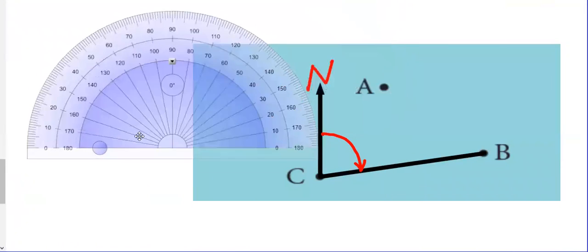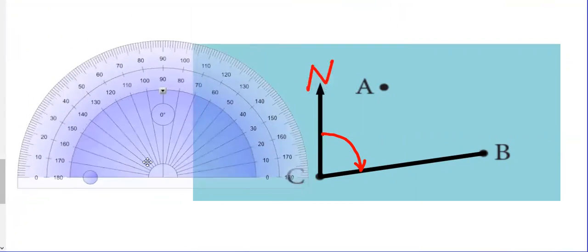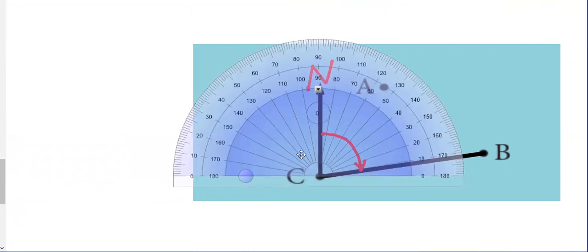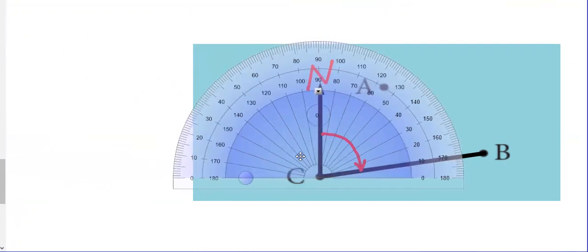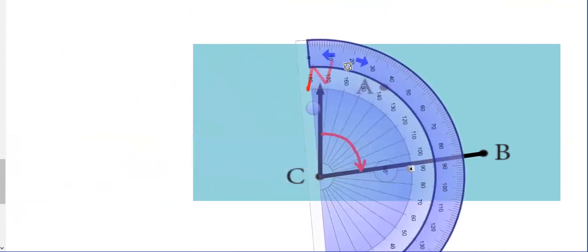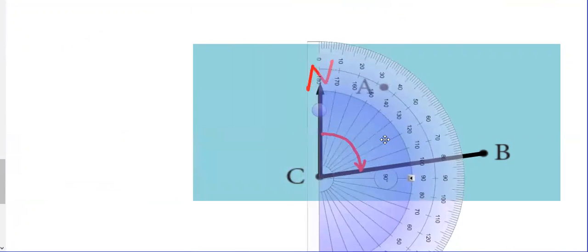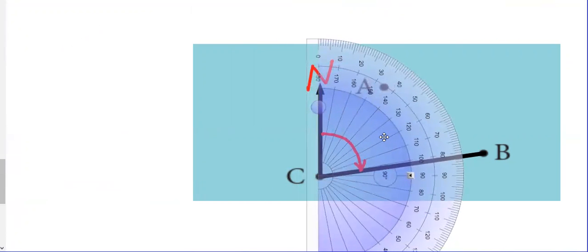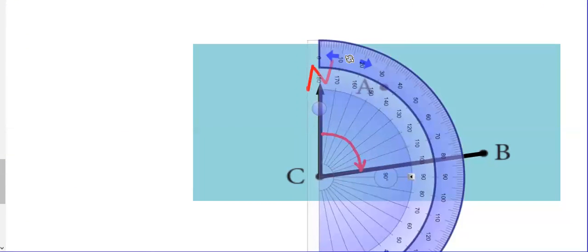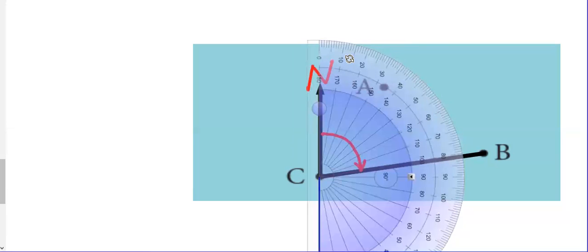This angle is measured by balancing the center of the protractor at that point, and then setting the protractor vertically so that the zero of the outside numbers reads the north direction. Can you see my zero? Look at the center of the protractor. The center should be at that point, and then the zero mark. Can you see the zero of the outside numbers?